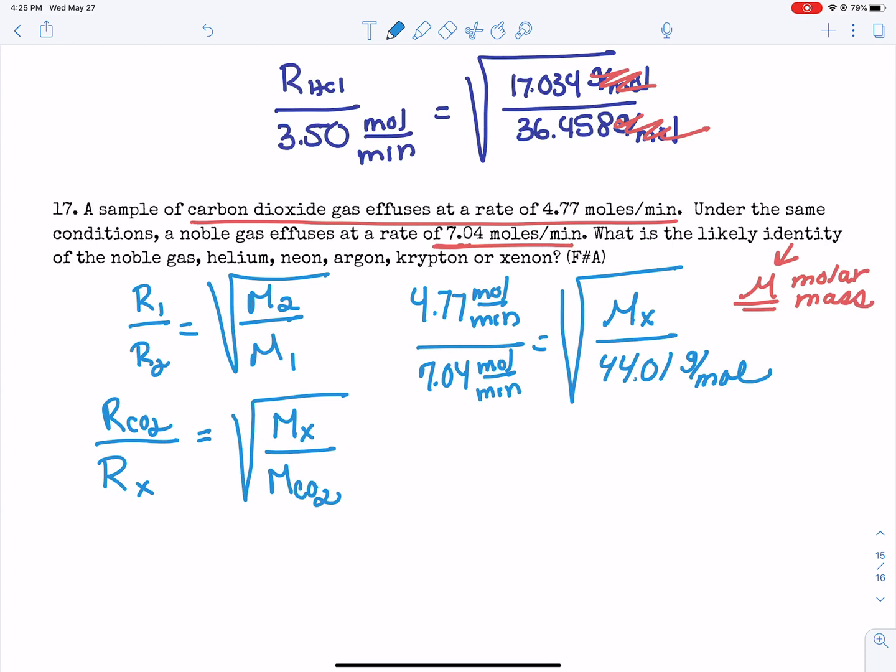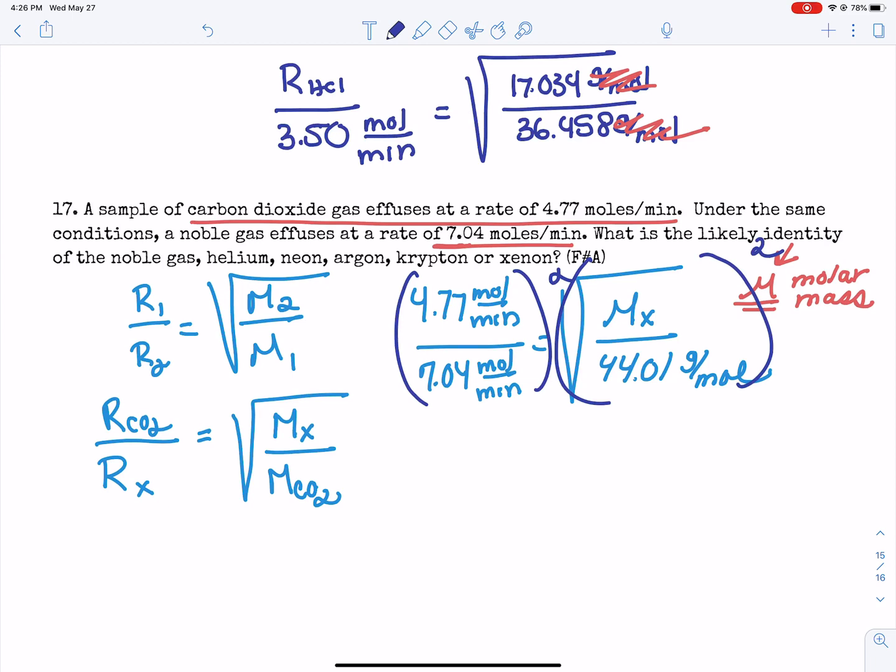And now this is using your Algebra 2 skills. You know, when am I ever going to need to know this? Well, here it is. How are you going to solve for a variable inside a square root sign? Well, that's going to be to square both sides.